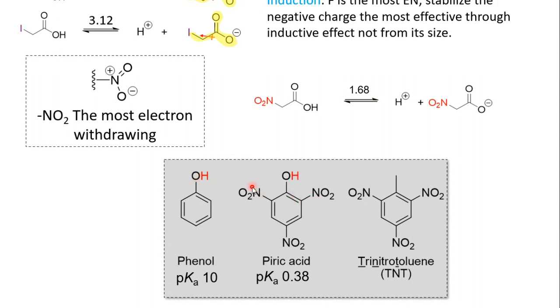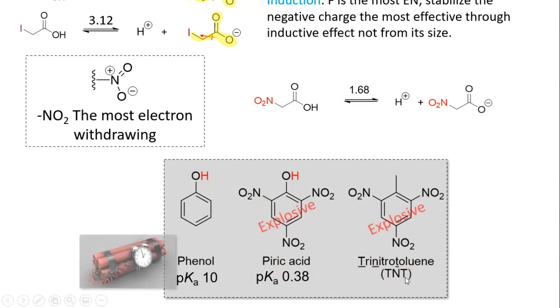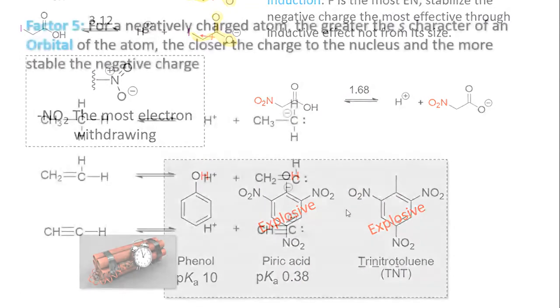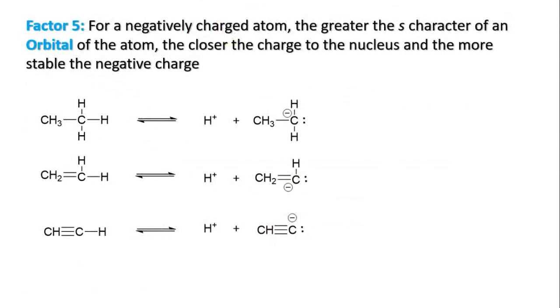If you put three nitro groups onto the benzene ring, we call it picric acid, 0.38. This guy is a strong acid. And you've probably heard of trinitrotoluene, TNT, which is an explosive substance. These two are really explosive, really reactive, because of the nitro groups on there. All right, one more factor.